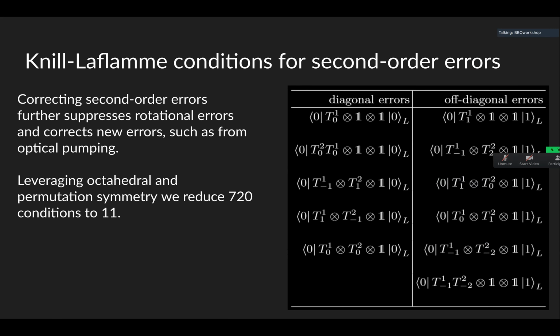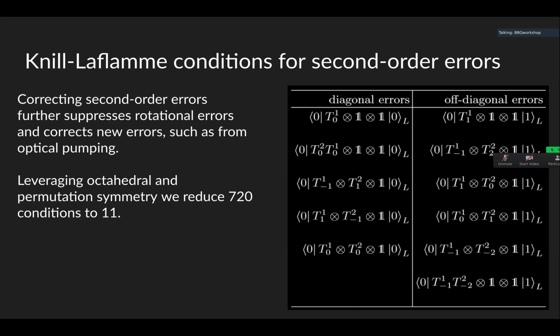Now, in addition to being able to work with some smaller spins, we can also correct higher order errors. So for correcting first order errors, I showed that there was only a single condition you had to check for the Knill-Laflamme conditions. For second order errors, you end up getting some more. It's still drastically reduced from what the full set of all of these second order errors could be. But you do have to do a little bit more work in this case.